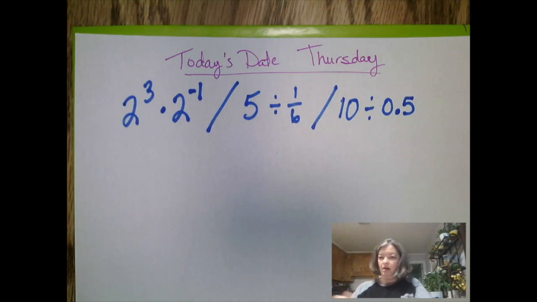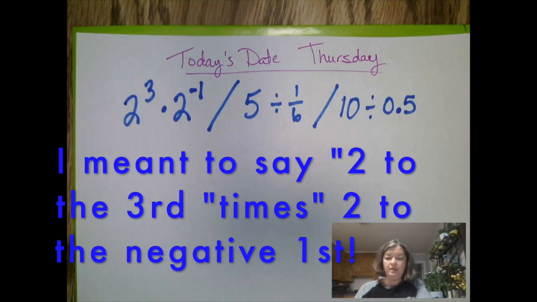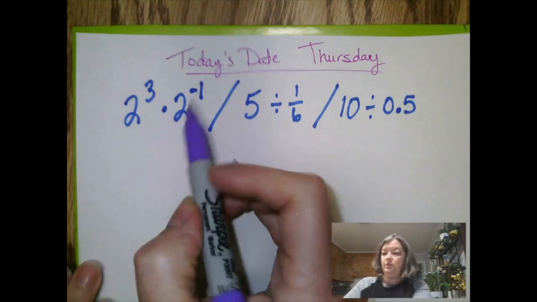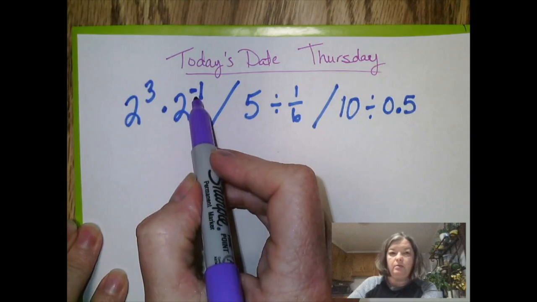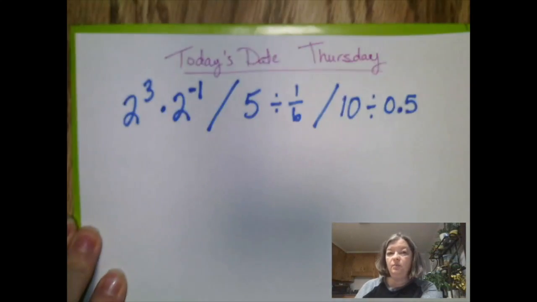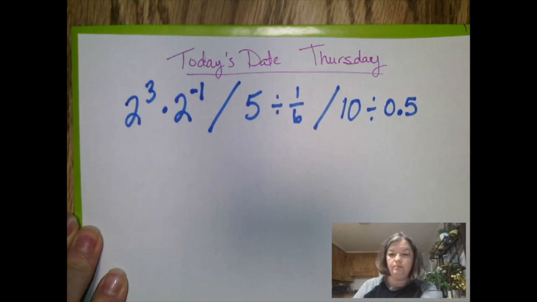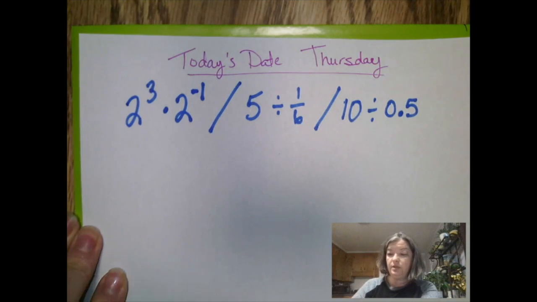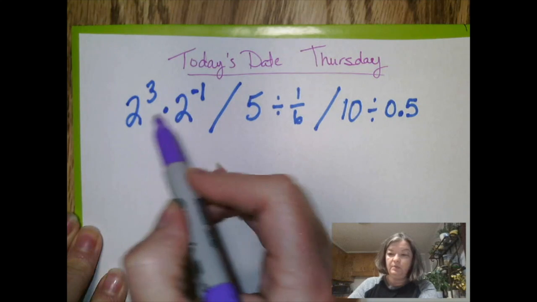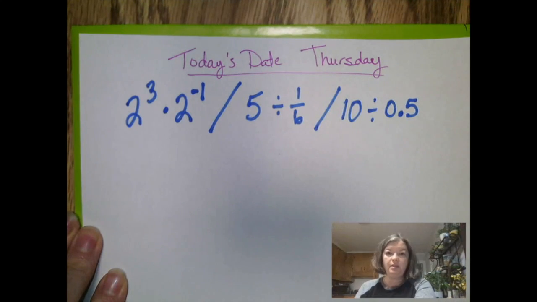Okay. So up here I've got 2 to the 3rd divided by 2 to the negative 1st. I cannot remember if you guys saw this or not, but whenever something's 2 to the negative 1st power, it basically means that you're going into values less than 1. So just like we had our positive and negative numbers, we've got positive multiples, and we've got values less than 1, or values less than a whole.